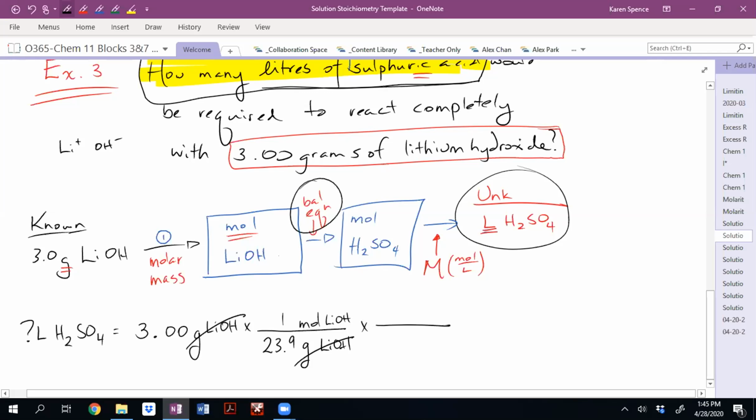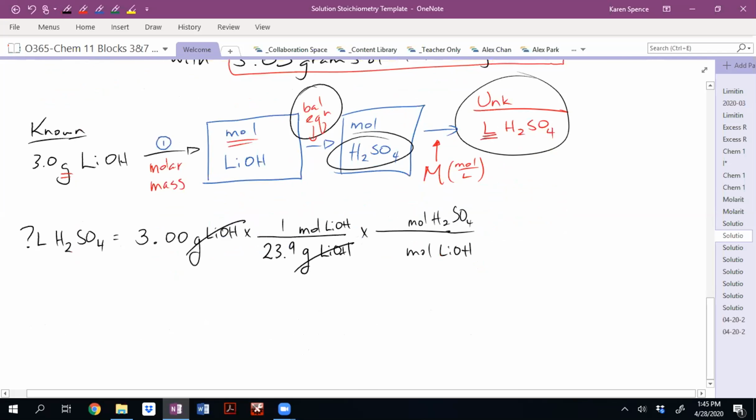We are going to use our balanced equation to convert into moles of H2SO4. So moles of H2SO4, moles of LiOH. And we need a balanced equation for that. So we have LiOH plus H2SO4. I'm just going to give you the products for this and not make you think about it.